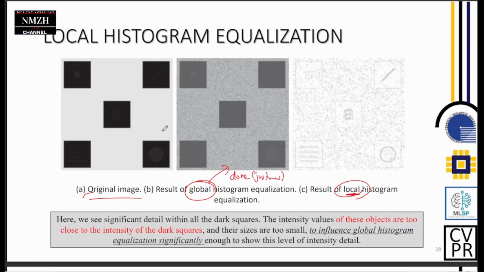So here, if we look very closely, we can easily see one thing happening inside the black box. So the idea is that when this particular image is too close to the intensity of the dark square, a human face has difficulties seeing things.